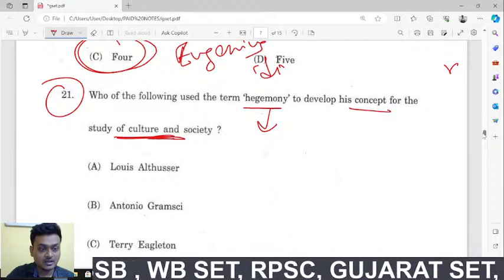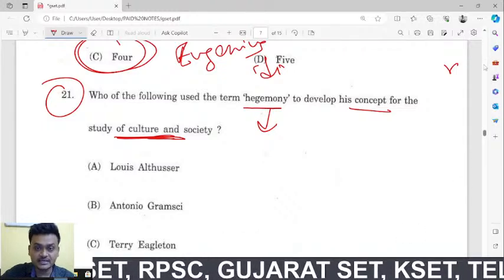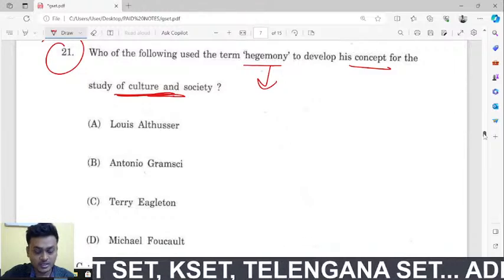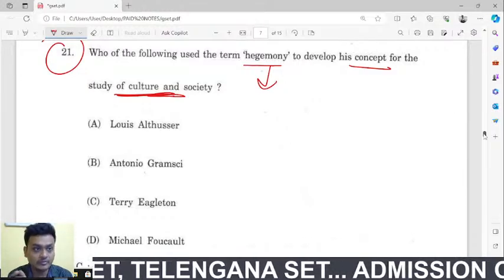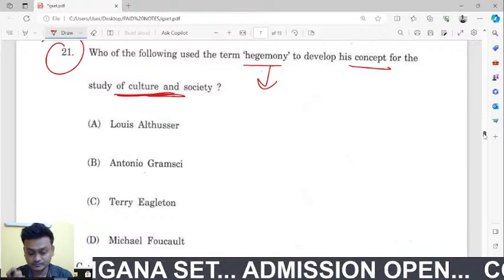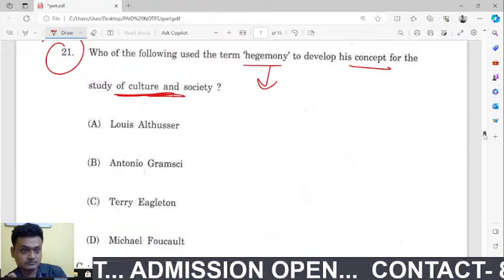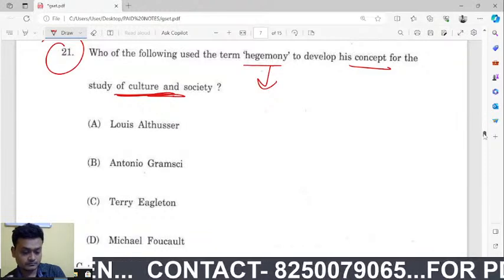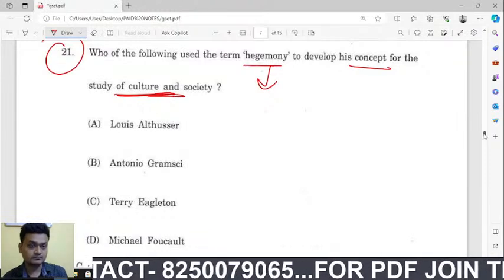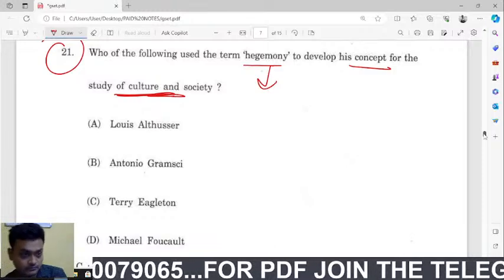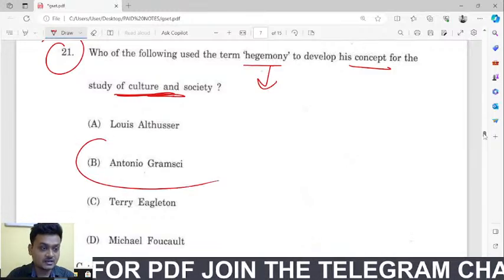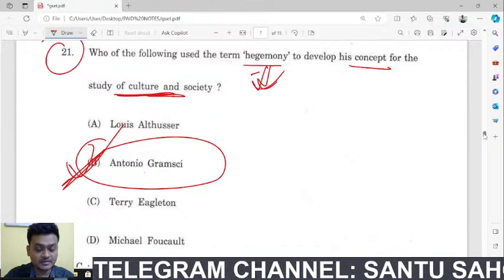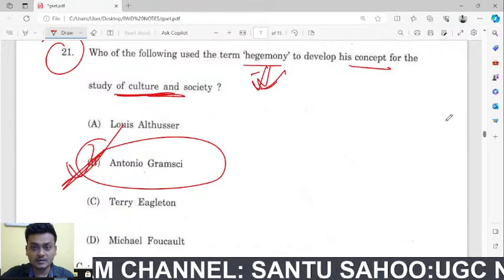Althusser, Antonio Gramsci, Terry Eagleton, and Michel Foucault. Antonio Gramsci, exactly. Well done. The term hegemony was used by Antonio Gramsci.